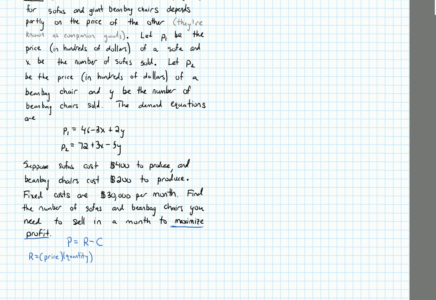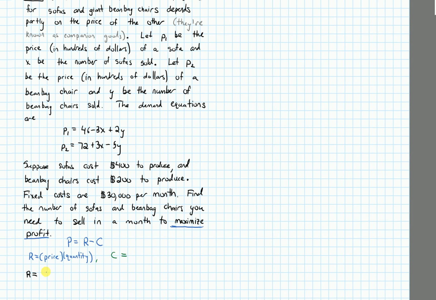And in this problem, we actually have enough information to write the cost function down right now, at least I think. But you know what, maybe let me actually hold off on that. Let's do revenue first. Okay, so if I do revenue, I'm going to need to multiply the price with the quantity. But there's two items that we're talking about here, sofas and beanbag chairs.